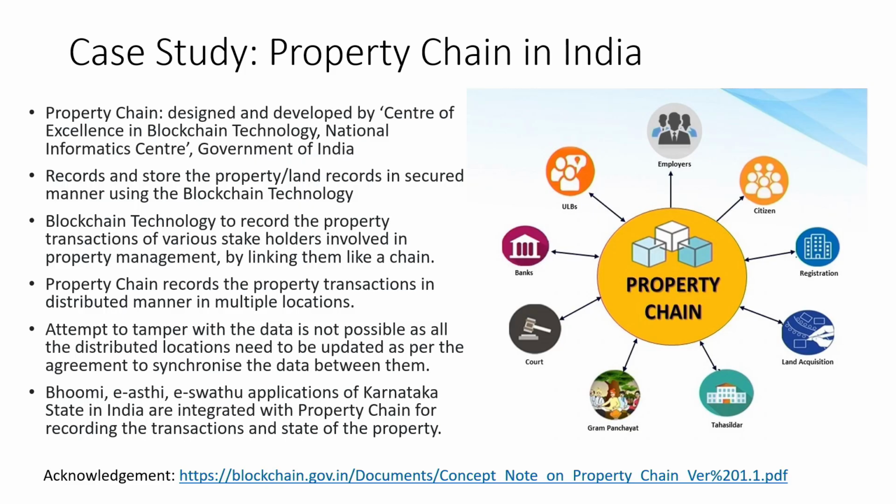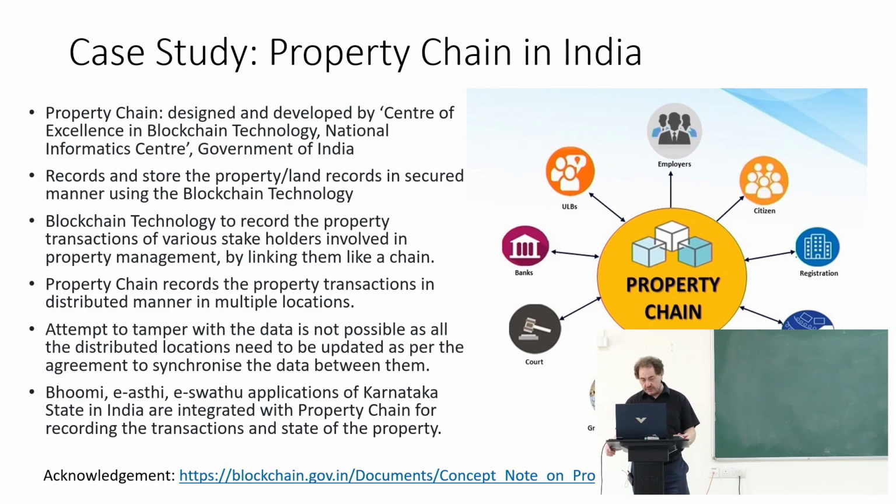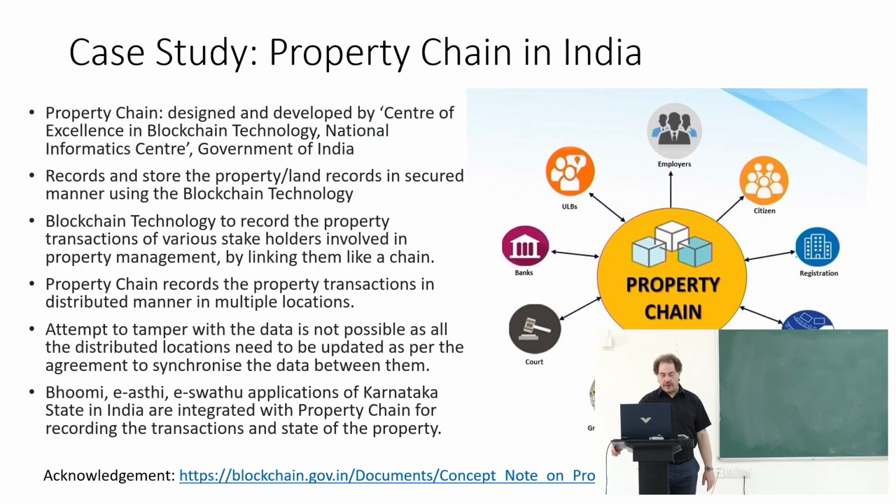So the different entities from which information would be flowing in and stored on the chain would be of course individual citizens and the registry and the government, but it would also include, say, court orders, banks, and loans, and so on.